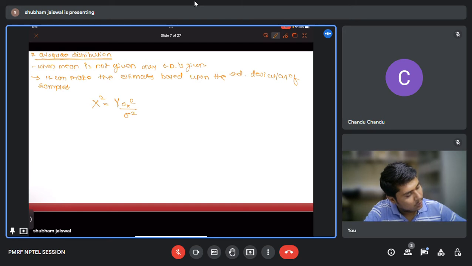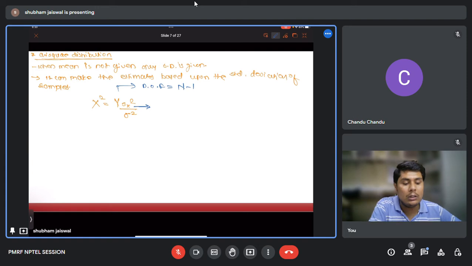Here v is the degree of freedom, that is n minus 1, and sx square is the standard deviation of what? It is the standard deviation of the sample. Don't get confused with the standard deviation of the population.